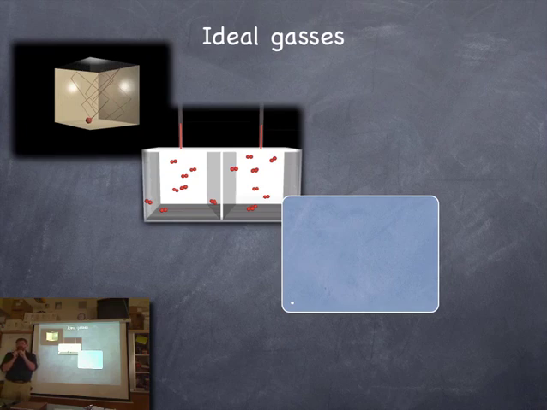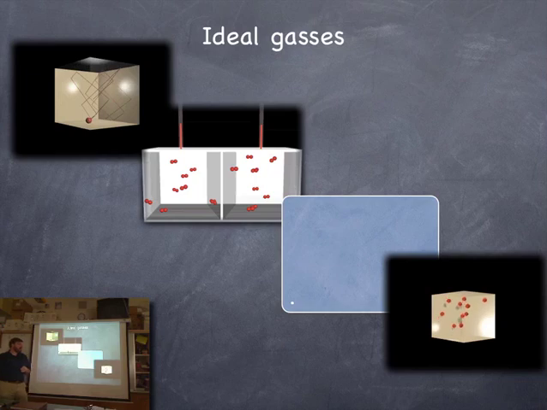It's so small that it's insignificant compared to the full size of the balloon. Okay? So particles have zero volume. Particles move in straight lines. Temperature is a direct measure of kinetic energy. And finally, the particles themselves do not interact with each other in terms of attractive forces.